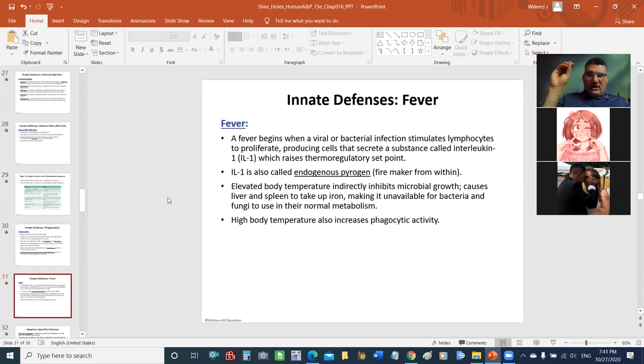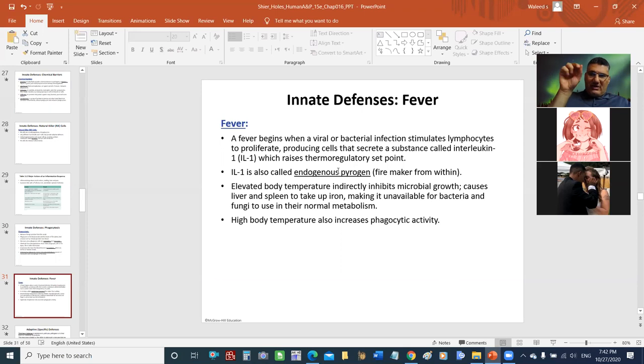When something enters your body, a pathogen, an invader, some cells are going to die, okay? And lymphocytes are going to come around this area because of the infection, and lymphocytes are going to secrete something called interleukin-1. This interleukin-1 is called the endogenous pyrogen.